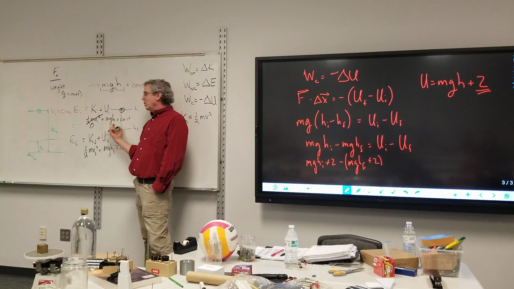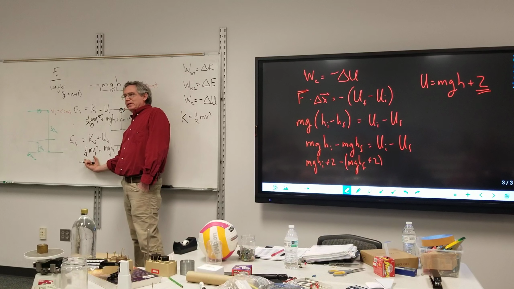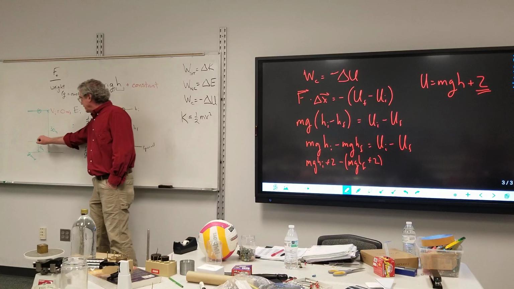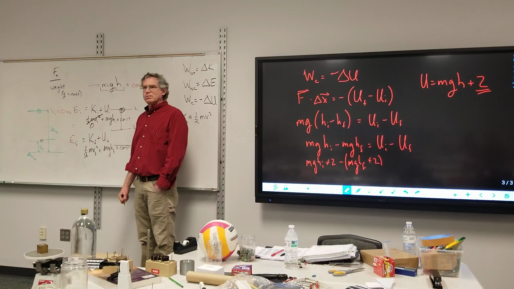Is m, g, or h initial, any of it 0? I got a couple people shaking their heads no. All right. The constant we'll worry about later. Is this equal to 0? So it's stopped when it gets to here? Okay.